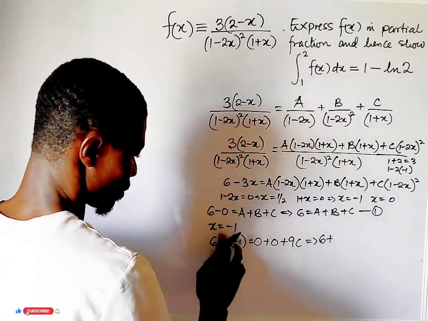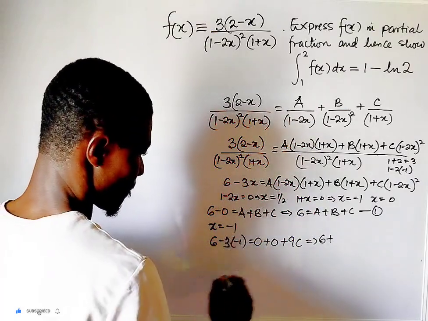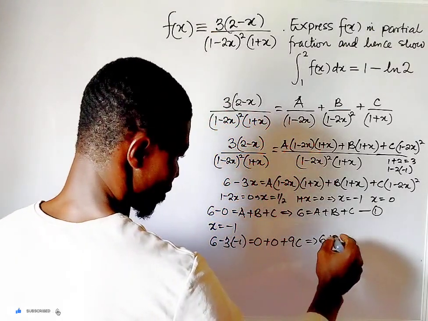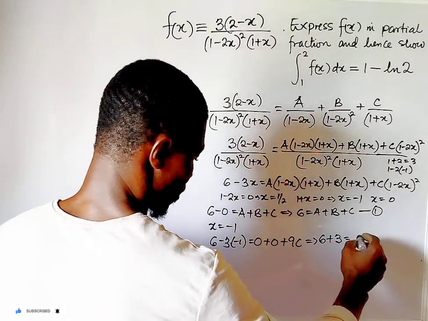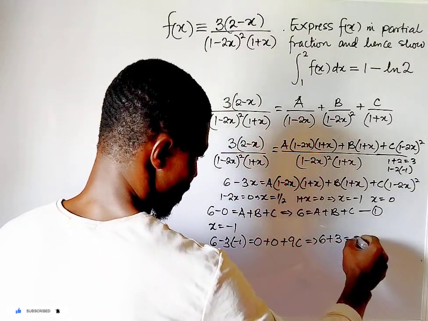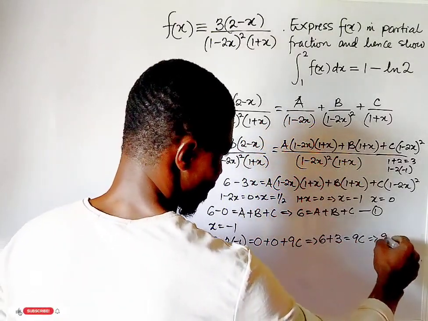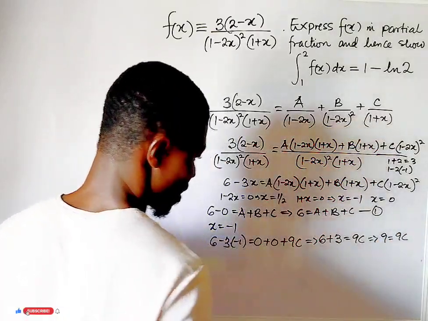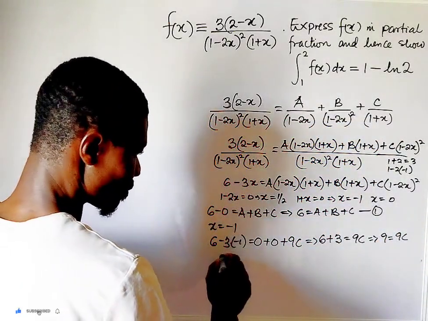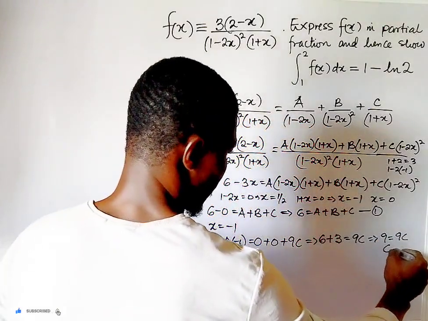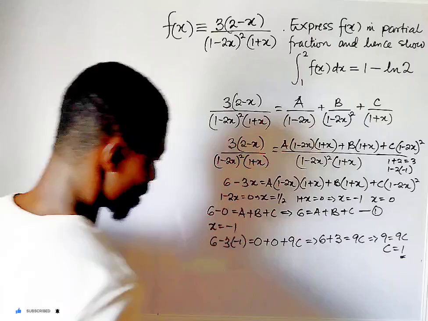Sorry, this one should be 3. Then here we have 3 equals 9c, giving us 9 equals 9c, and our c here equals what? 1. Okay?